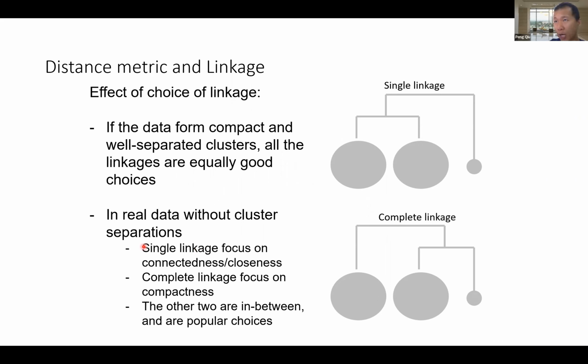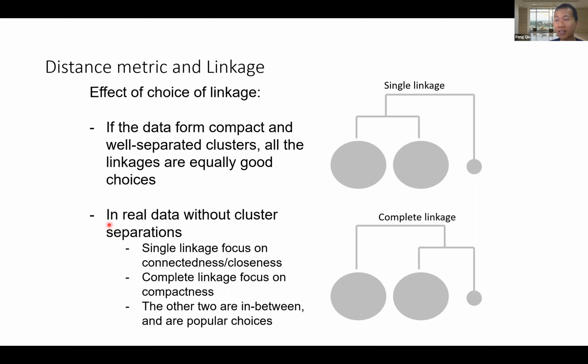In general, if we're dealing with an easy clustering situation where our data form compact and well-separated clusters, then all those linkages are equally good. It doesn't matter which one we choose, we're always going to get a well-balanced hierarchical tree where each major branch corresponds to one cluster that we hope to catch.